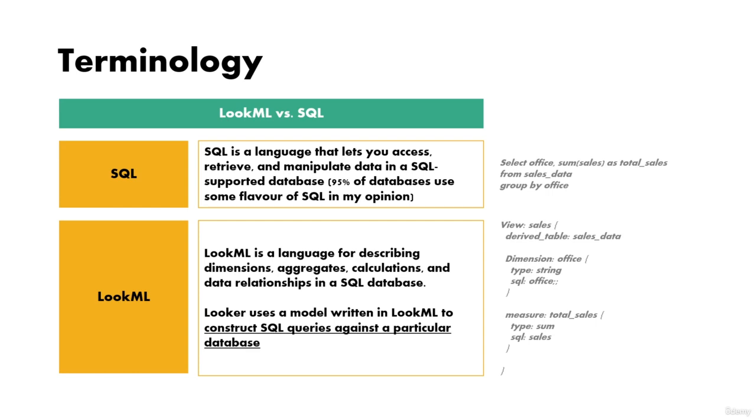So the user or analyst doesn't need to do that in their head. They don't need to pull in sales, then subtract cost of goods, then subtract taxes. They don't need to do that, right? Since it's defined in the LookML, all they need to do is get net margin, and LookML will look at that and say, okay, net margin actually means this, and construct the SQL query properly.